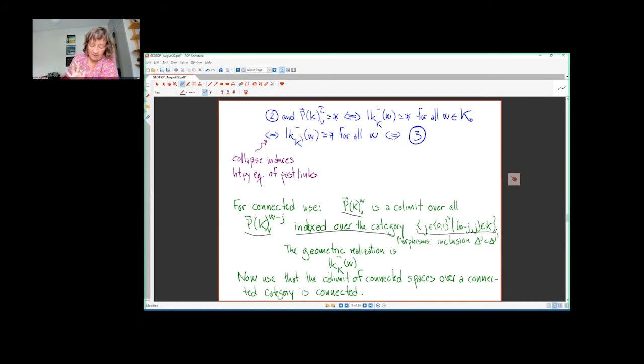And now if you take a colimit of connected spaces over a connected category, it is connected. So this is what you use in that case, where you don't have Szymanski's result for the path links, and collapsible. What? No. Contractible. That's what I was going to say. There are a lot of words here.